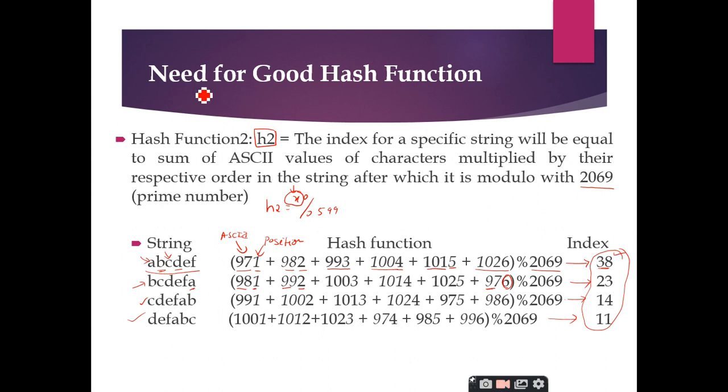So this is considered to be a good hash function, right? It is satisfying the first property, that is easy computation, and it is also satisfying the equal distribution, and it is also satisfying the less collisions, right? Since this particular hash function is satisfying these 3 properties, we can consider it as a good hash function. Is it clear up to this point?